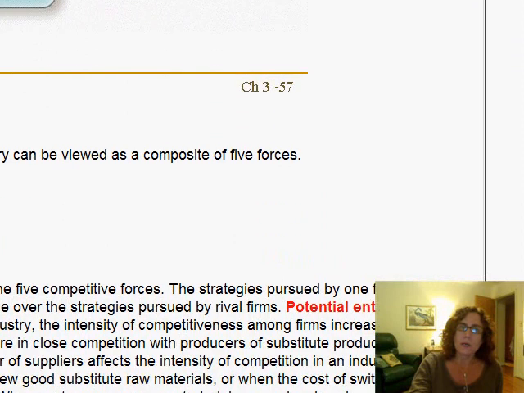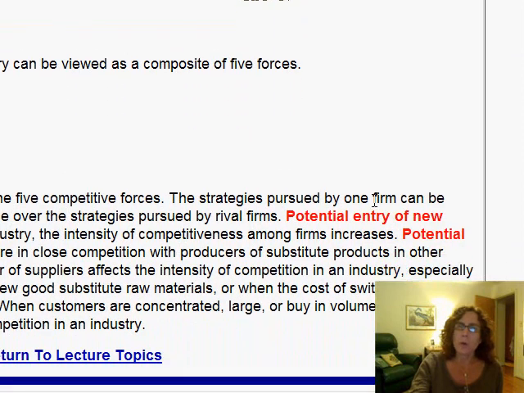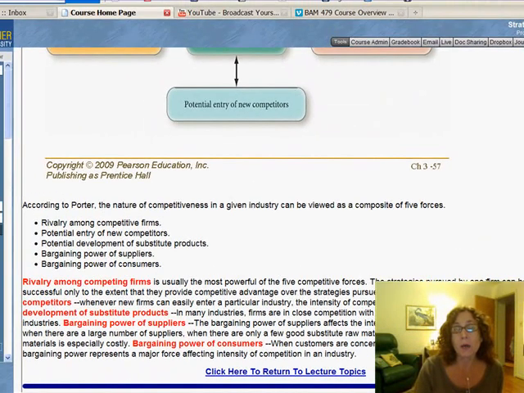All of these affect how competitive the company is in its industry, and it gives us a sense of the industry environment and how favorable it is at any given time.